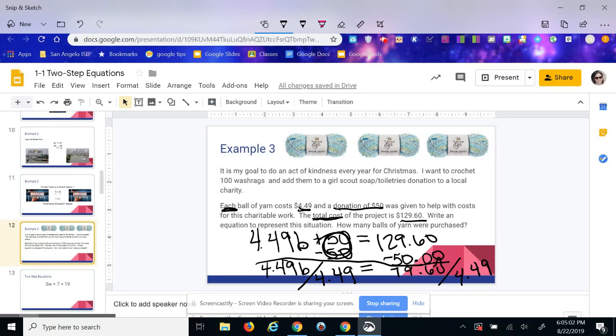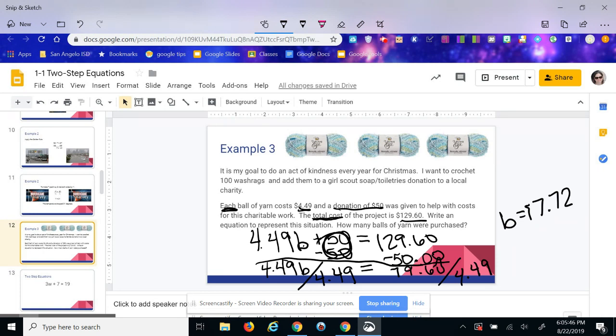And you could do long division, or you can use your handy dandy calculator. I got B equals 17.72.